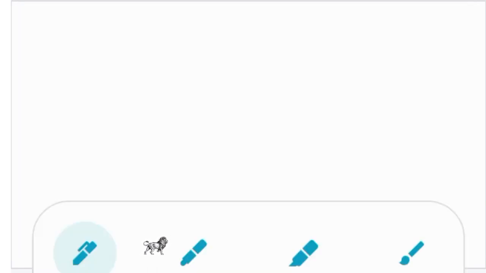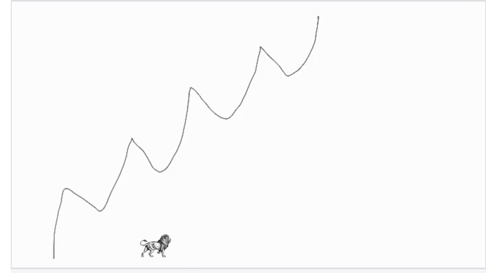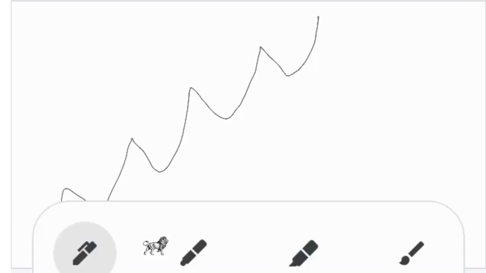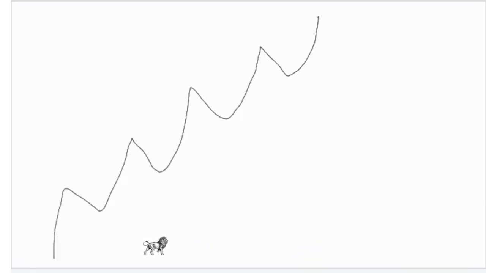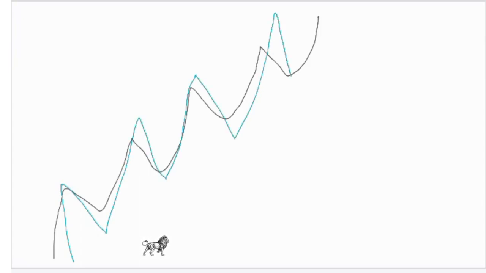The same thing, just focus. Now, this is an upward movement. Please focus. At this point, you already understand higher high, higher low, higher high, higher low, higher high, higher low, higher high, higher low, higher high.